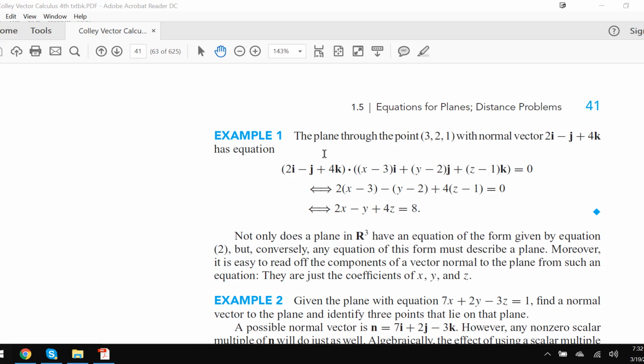So let's try an example. Suppose we have a point, that's our P0, and we have a vector that we want the plane to be normal to. So we want to get the equation for the plane that goes through this point and is normal to that vector. So we just do this dot this.